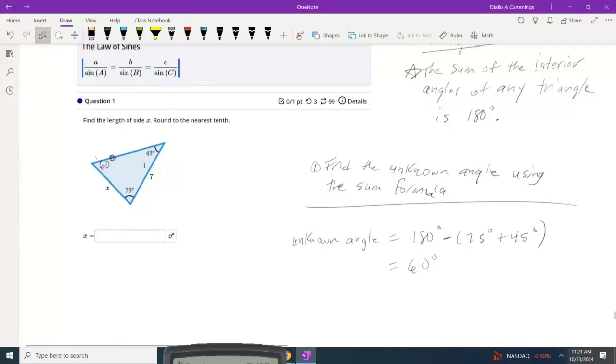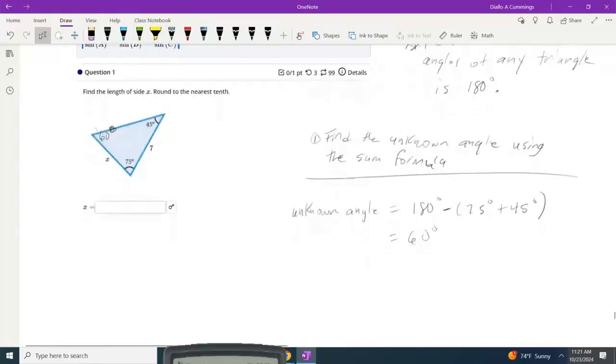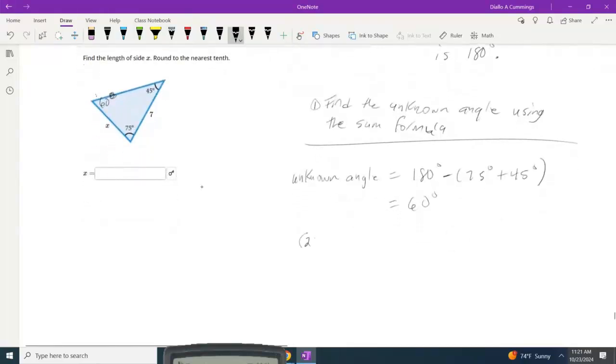If I'm looking at my setup, I know this 60-degree angle, and I know my 7-unit side length, right? So I can use that as one fraction for my law of sines. So that's the second thing we're going to do, is find x.